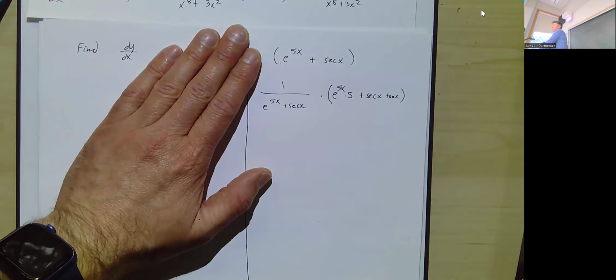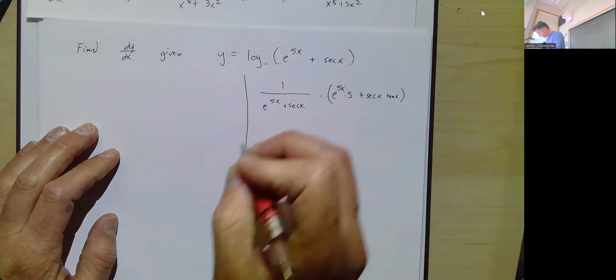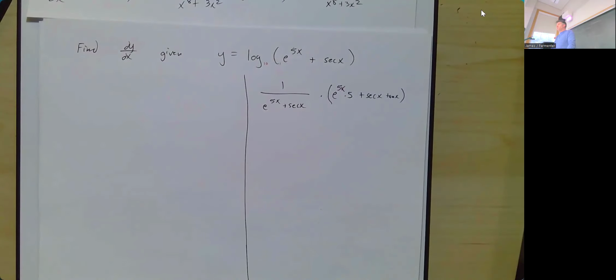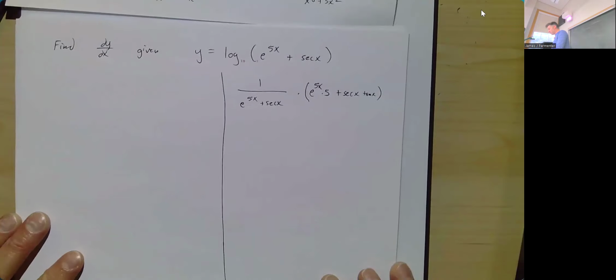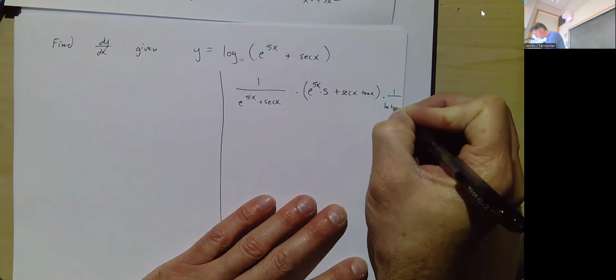But then since my base is something other than e, my base is 10, I know I didn't write it, but I'm going to write it, I also need to divide by the natural log of 10. Now, I really don't want to write all of this divided by the natural log of 10. So instead, I'm just going to multiply by 1 over the natural log of 10.